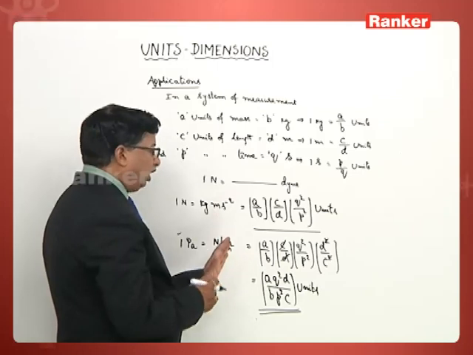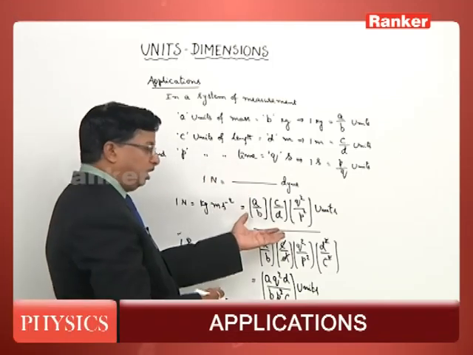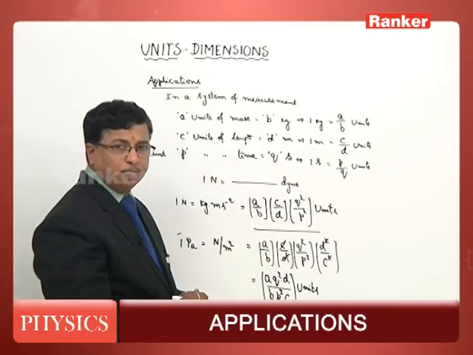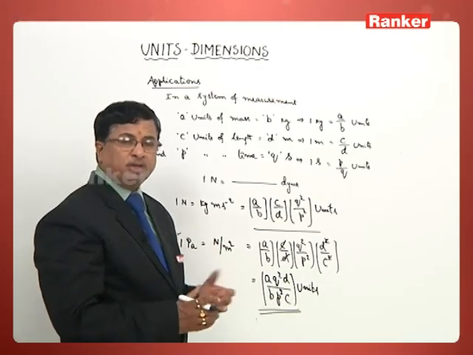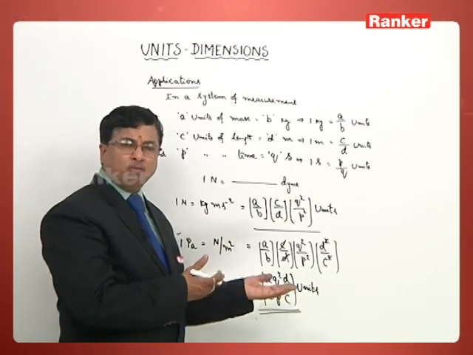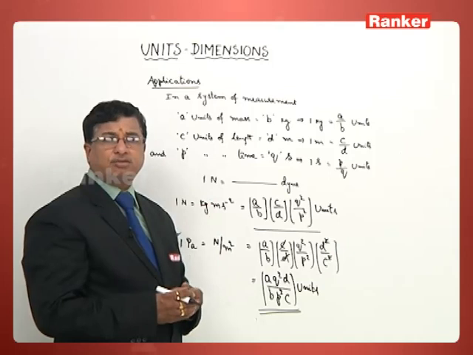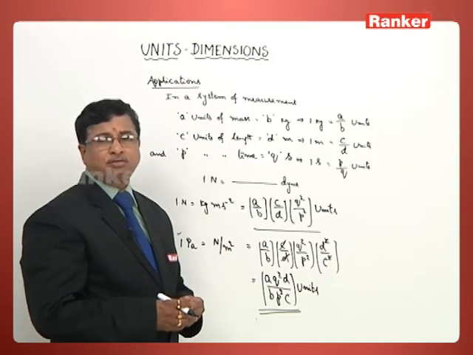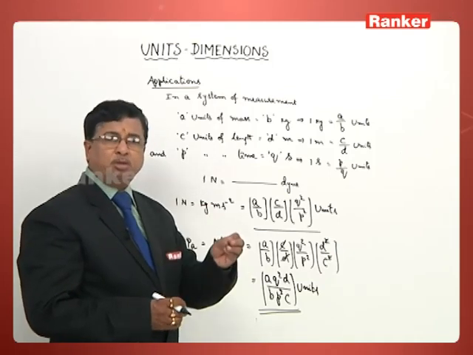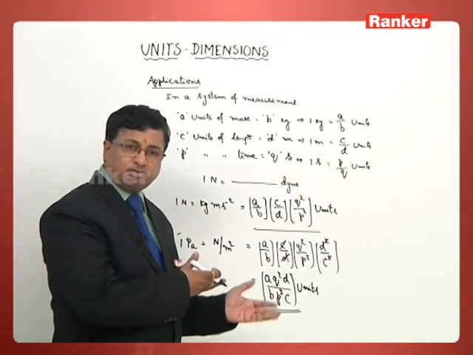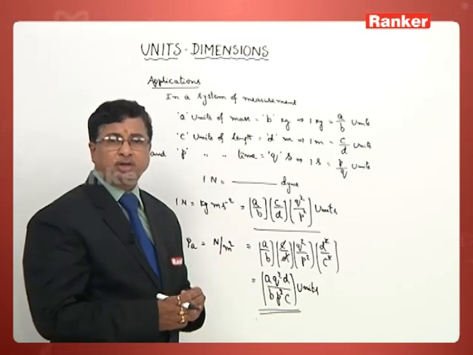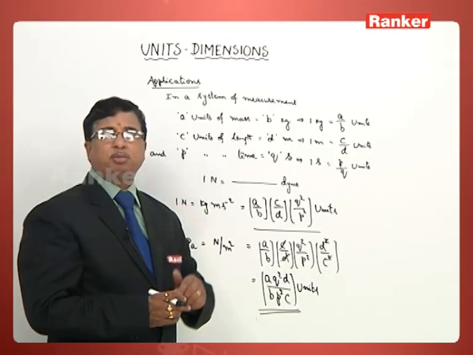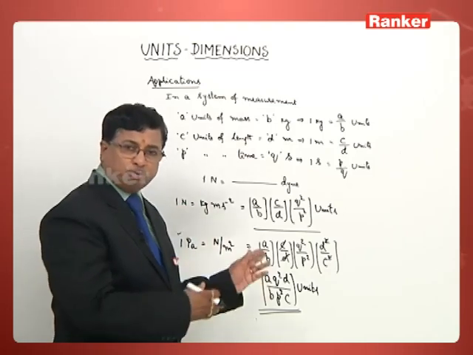So, the conversions can be taken up in the same manner. There is no change in that, because they are all standard equations. 1 Newton means kg meter per second square. 1 dyne, if they ask you, is gram centimeter per second square. Like that, what is a joule? It is either Newton meter, or kg meter square per second square. What is Pascal?